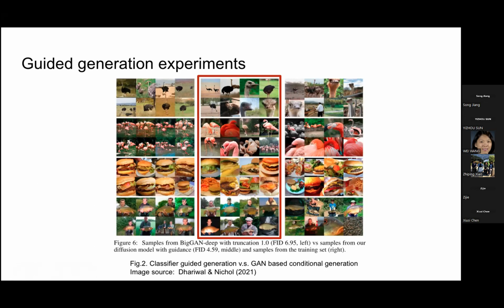Here I have a question for all of you. This is not from the paper, it's just what I was thinking when reading this figure. The left part is BigGAN, and the middle is the classifier guidance. We can observe that the classifier guidance model is more zoomed in to some local area of the object, compared to BigGAN. Why is this the case?